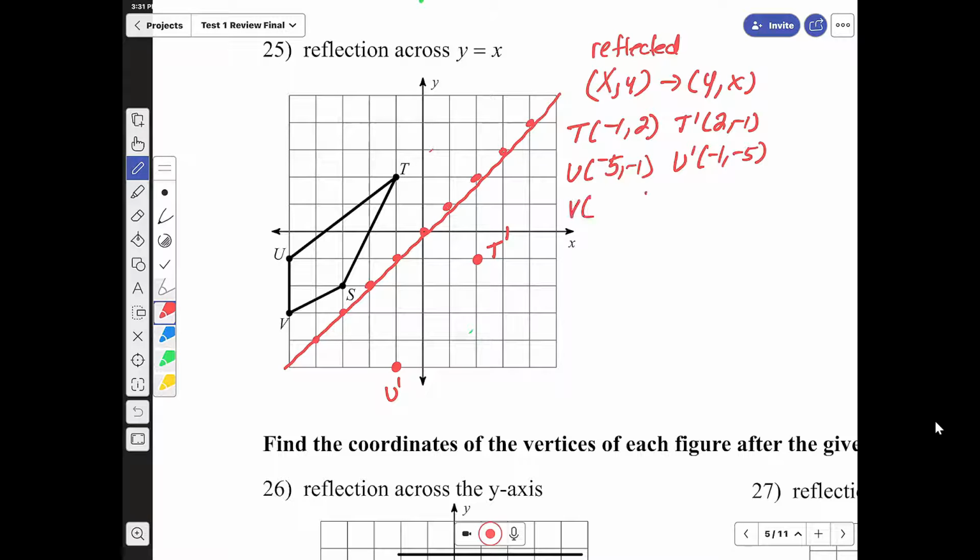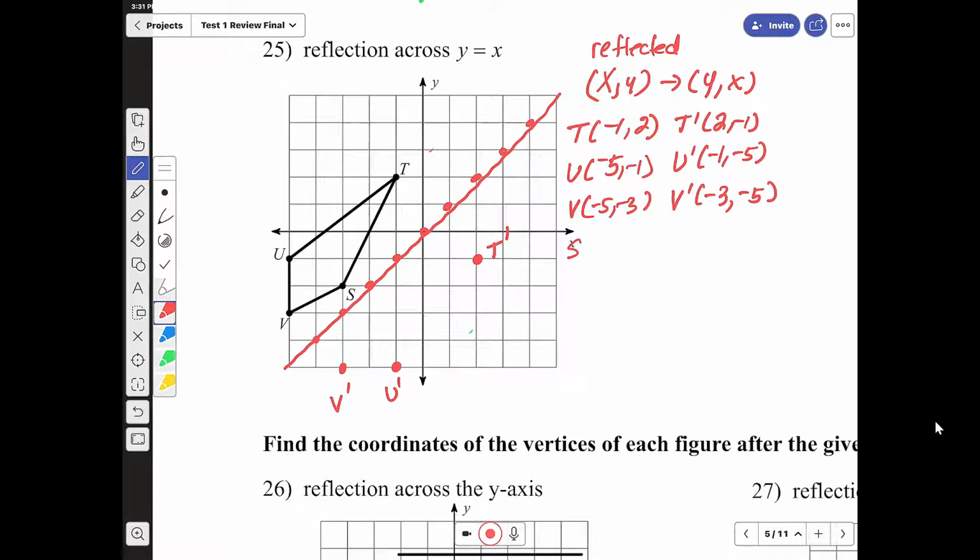V is negative 3, negative 5. So V prime is negative 5, negative 3. So that's going to be V prime.